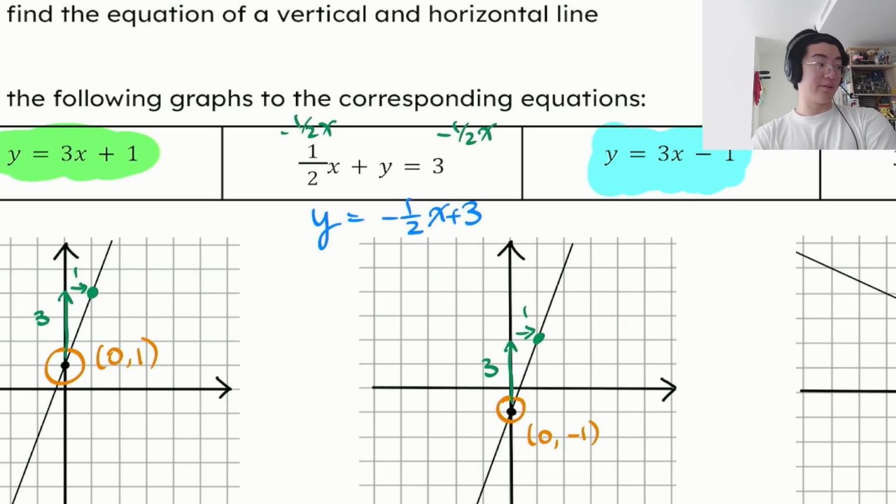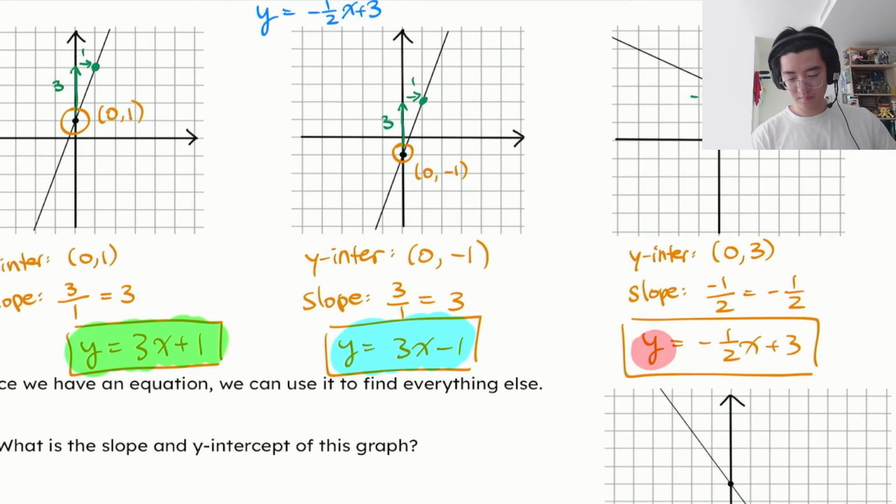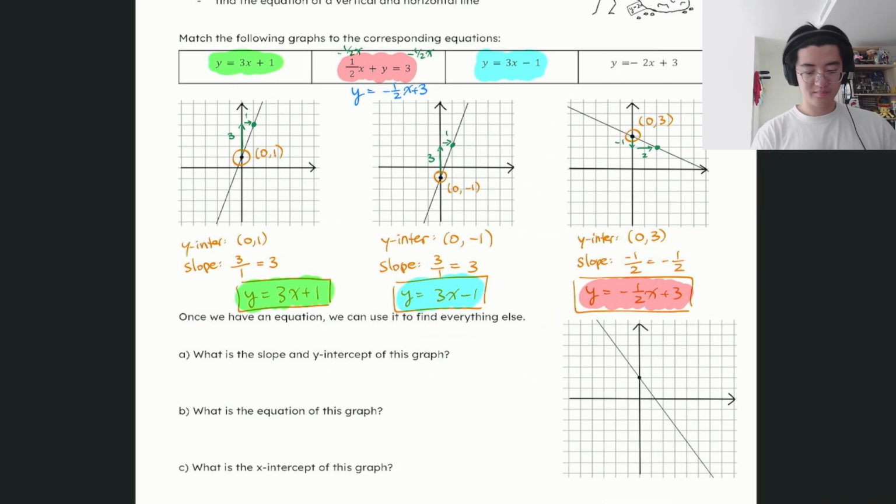Right, we get the equation that we want. So sometimes it's not actually in slope-intercept form, so we have to rearrange the equation to get that. Right, and we're done there.